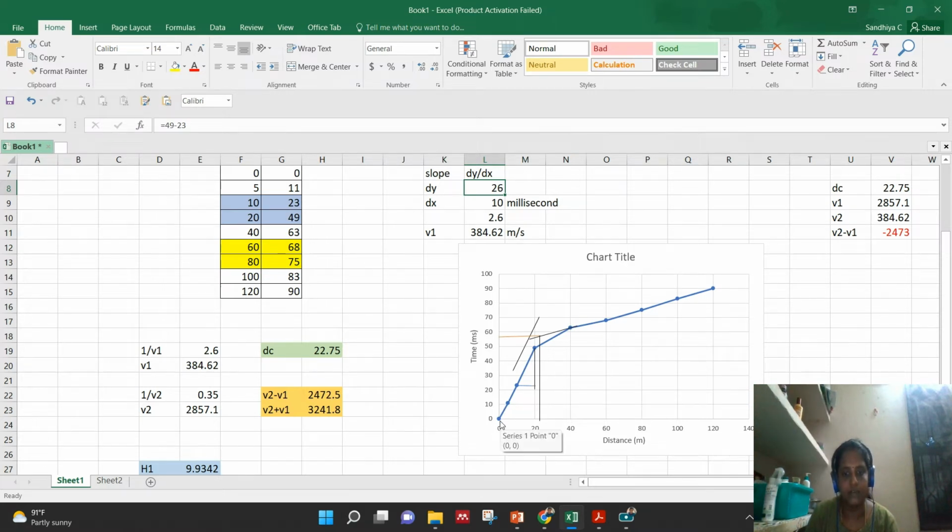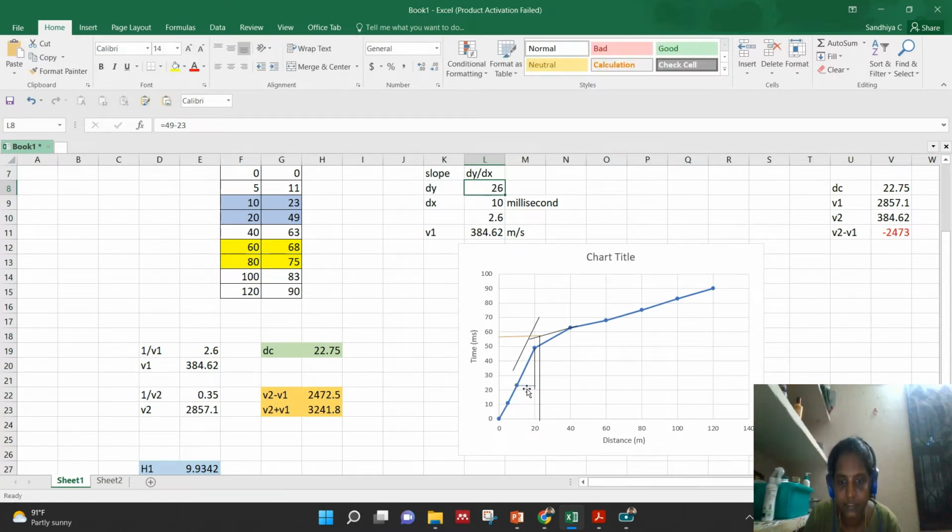Imagine if it is 50 and 20, and I need this length. So 0 to 50 minus 0 to 20, if I do that, I will be able to get the length of this line. That is what I am finding. Here up to this point it is going to be 49, so 49 minus 23. So I find this vertical value.